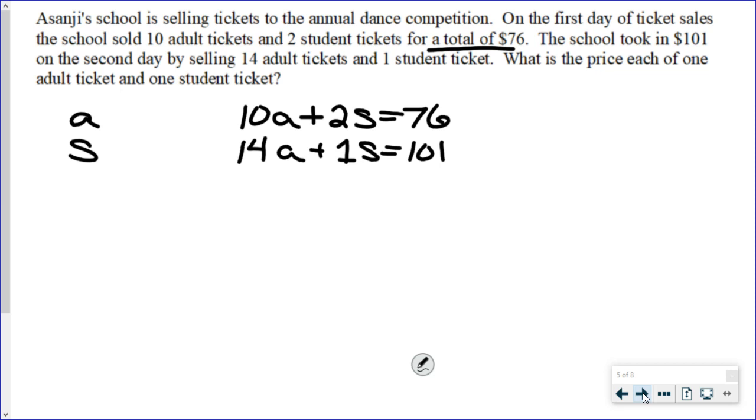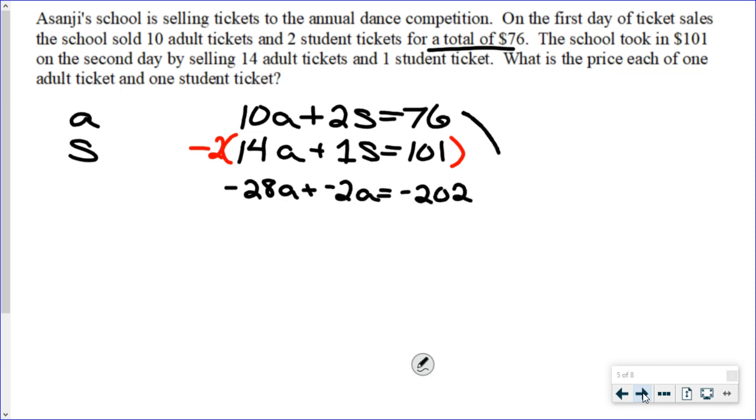Okay, now think. This is close. I have to multiply through the second equation by -2. So now that equation becomes -28a minus 2s equals -202. And just so it's easier to see, I'm going to write the other equation below it.